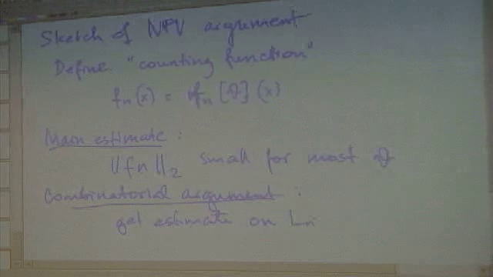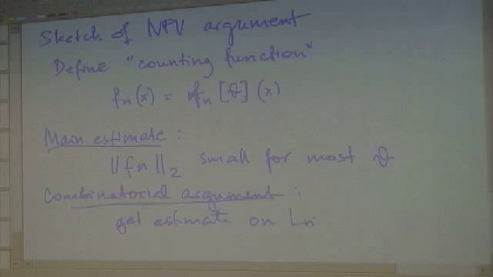The combinatorial argument is very general. You can do it for large classes of self-similar sets. The part that's specific to the four-corner set is the main estimate, the estimate on the L2 norm of Fn.